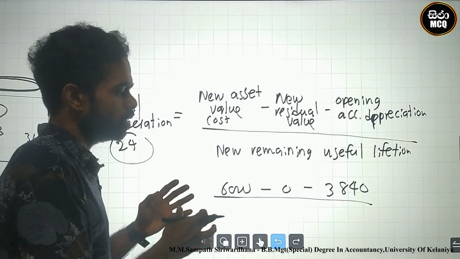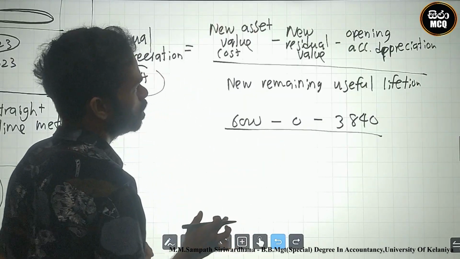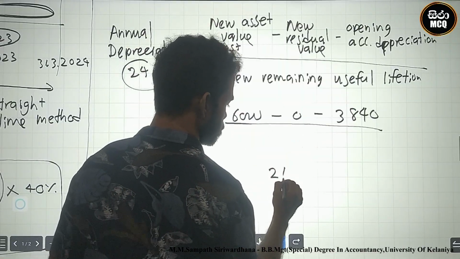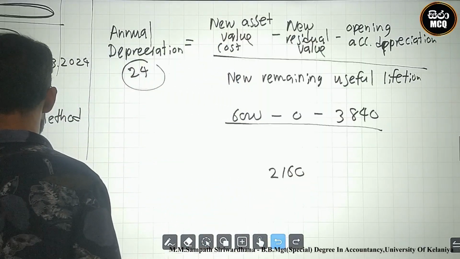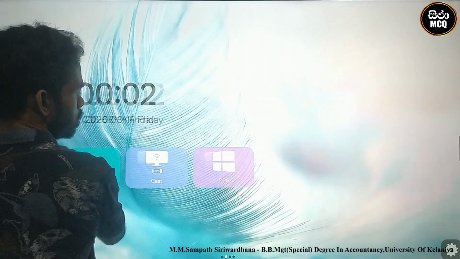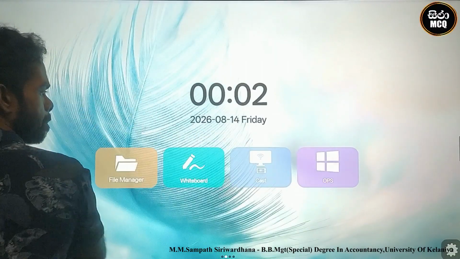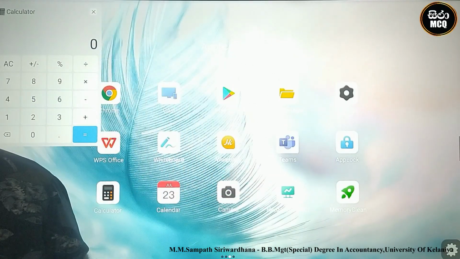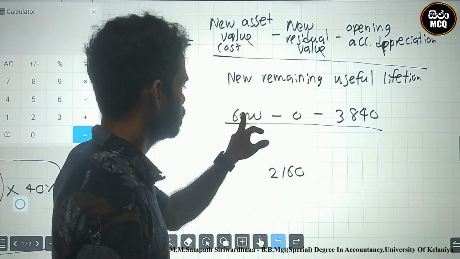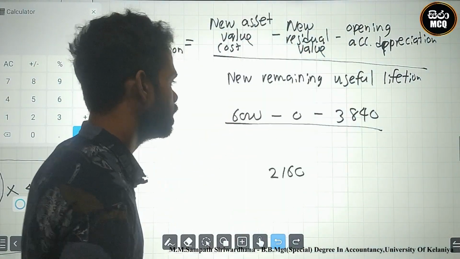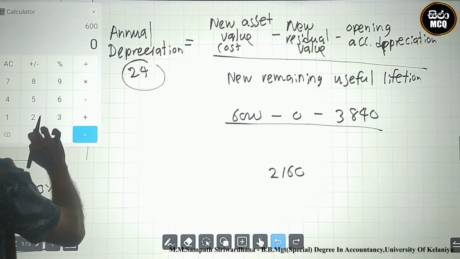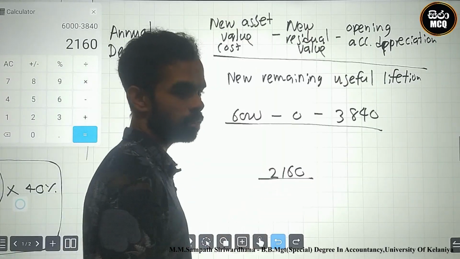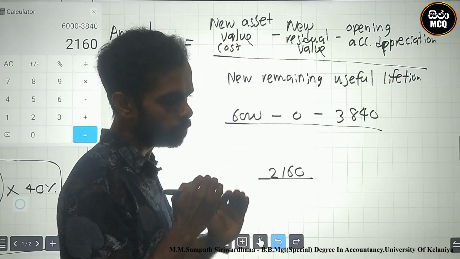Let's use the calculator. 6,000 minus 3,840 gives 2,160, the remaining depreciable value.